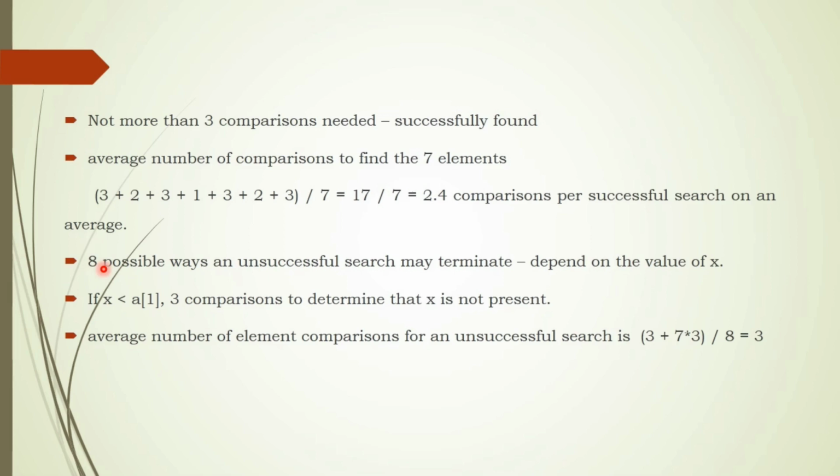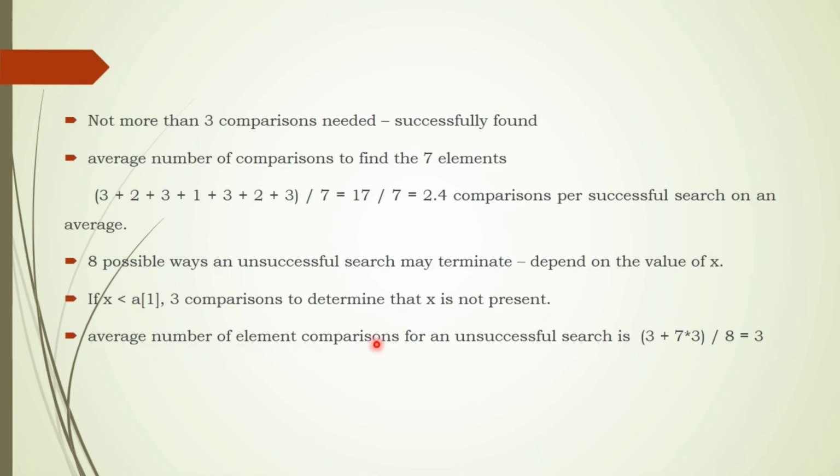Now for the case of unsuccessful search, we know n plus 1 different values of x we should try. Since our n is 7, 8 different values of x you have to check for an unsuccessful search to terminate. So we find that each of the unsuccessful searches terminates only after 3 comparisons. If we take a value of x that is less than the first element, that is a of 1, 3 comparisons are needed to determine that it was not present.